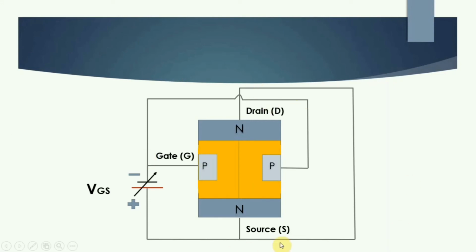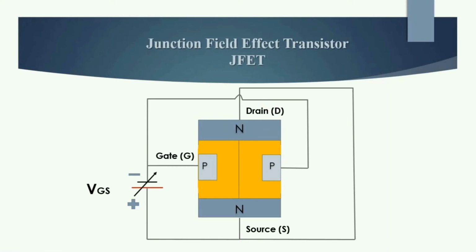This device is named as junction field effect transistor because the field effect occurring at the junctions controls the amount of current flowing through the channel. Note one thing here, we have not connected any voltage source between drain and source terminal.